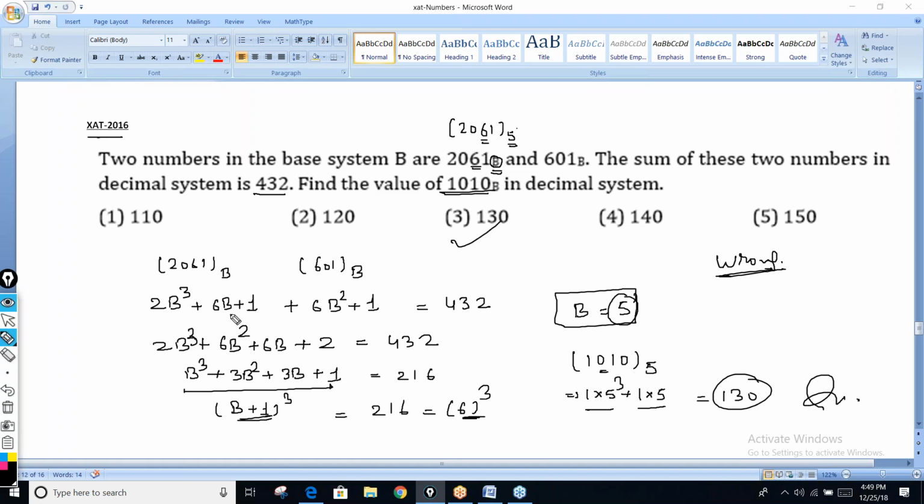The logic is correct, but mathematically it is wrong. Okay, the answer is correct. The answer is 130. I hope you also thought, how can the base be 5 if the digit 6 is written? Your doubt is genuine, but Z has made this mistake while making this question. Do not worry. Okay, come to the next one.